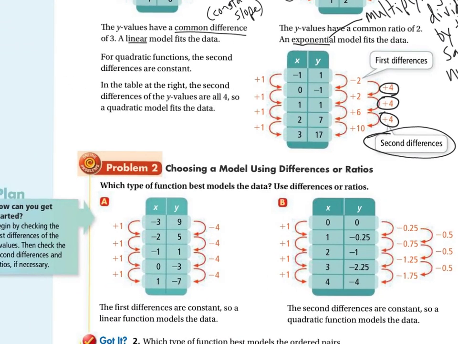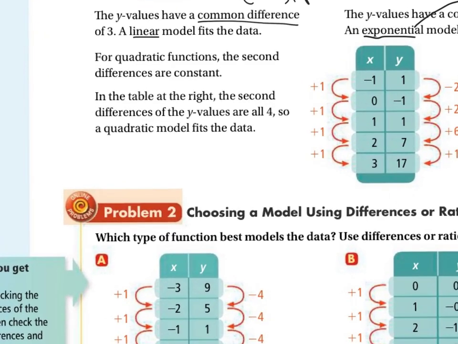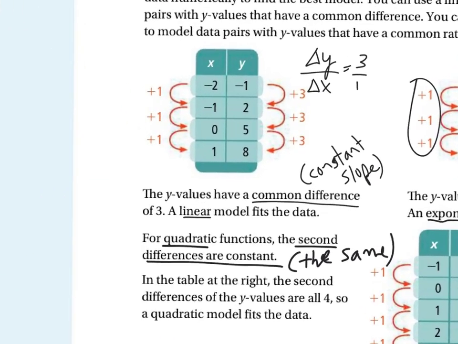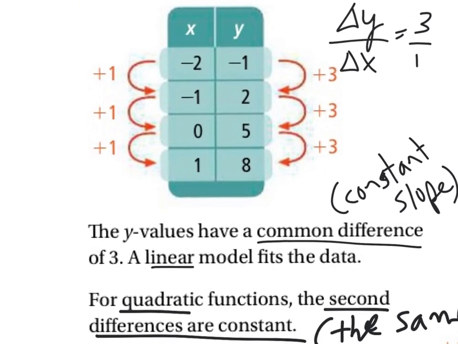And when the second differences are all the same, then it's quadratic. Second differences of the y values. Okay, so it's constant or they're the same as each other. So two other comments about this. One is that it's possible that when you're doing these problems, they could skip over something.